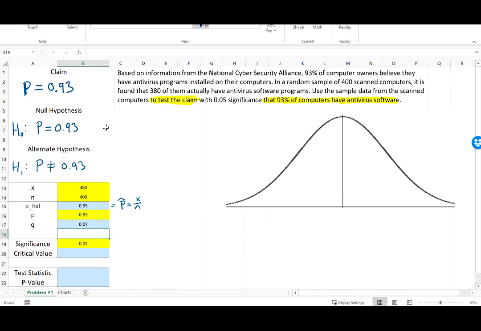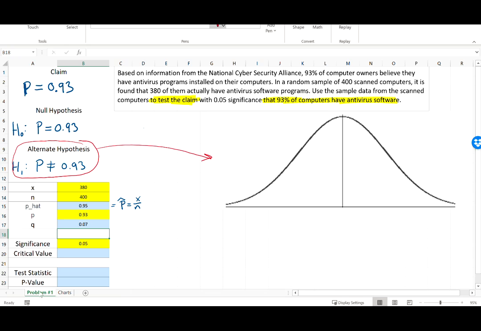Now we're using the normal distribution as our model here. And remember, the alternate hypothesis is what tells you whether it is a right tail, left tail, or two-tailed test. If you look down here at the bottom left, you see there's two sheets in this file.